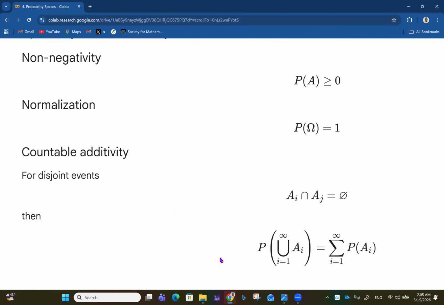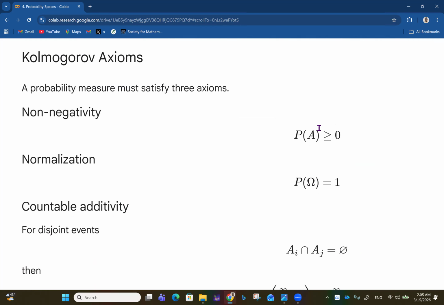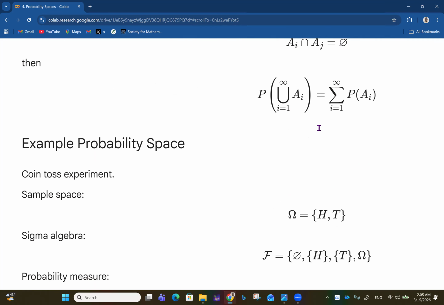In that case, the probability of the union of all the possible A_i gives you the summation from i equals 1 to infinity of the probabilities of A_i. So those are the Kolmogorov axioms for probability measure: non-negativity, normalization, and countable additivity.